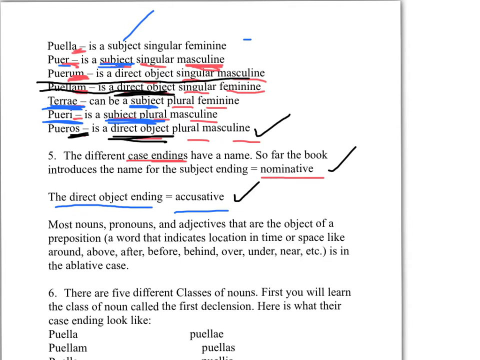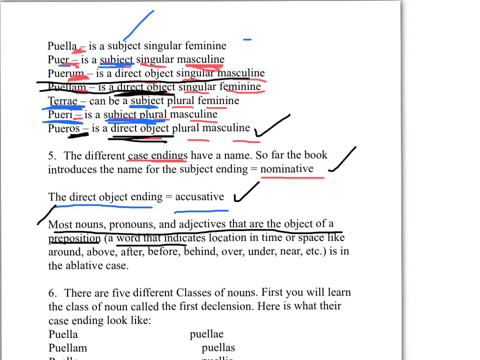I say that most nouns, pronouns, and adjectives, the next case ending that the book introduces, most nouns, pronouns, and adjectives that are the object of a preposition. That's different than being the direct object. Most nouns, pronouns, and adjectives that are the object of a preposition, and then I define for you what a preposition is.